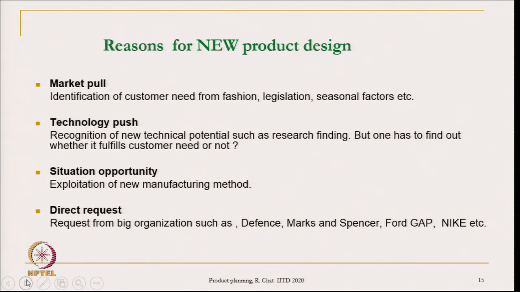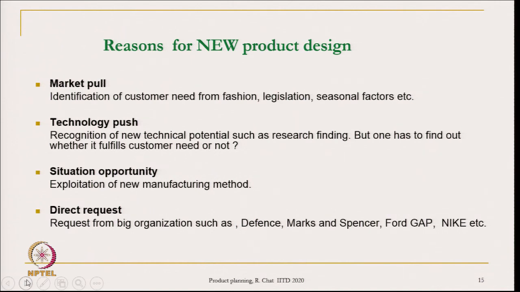For example, when compact spinning appeared commercially and became successful, people started using compact spun yarn in shirting fabrics. Therefore, this is a technology push product which appeared in the market because of a change in the production technology of yarn making.